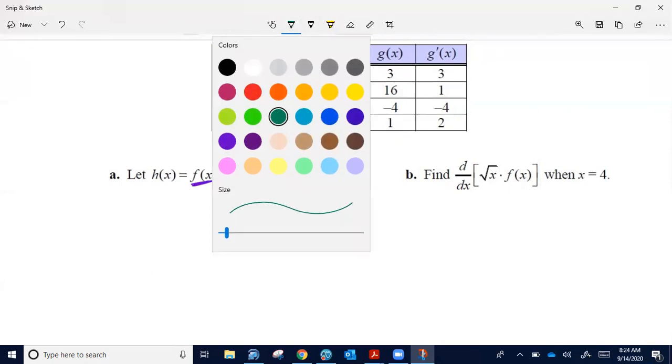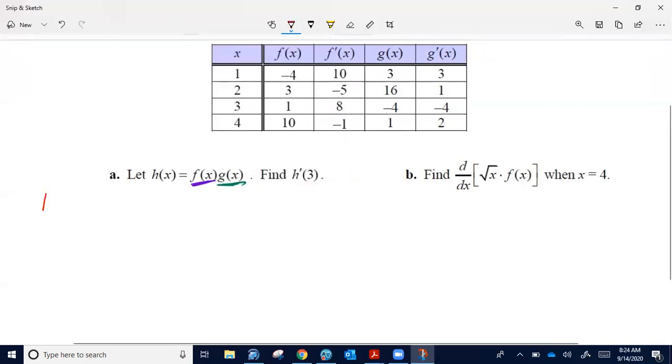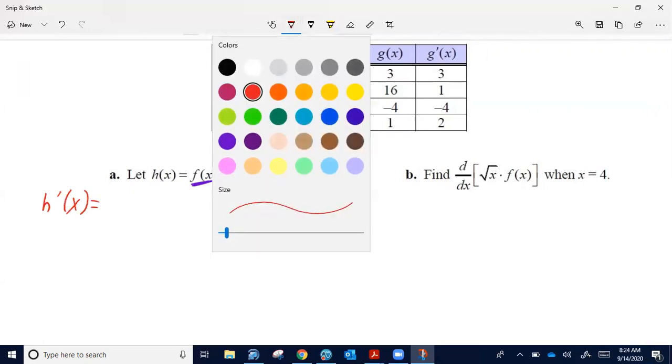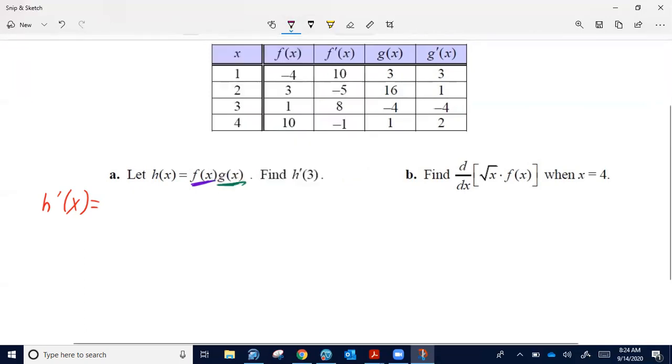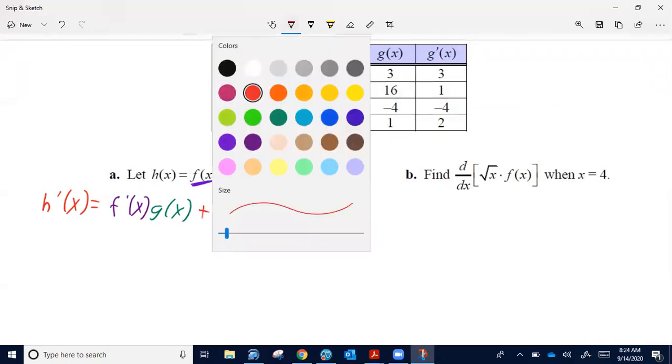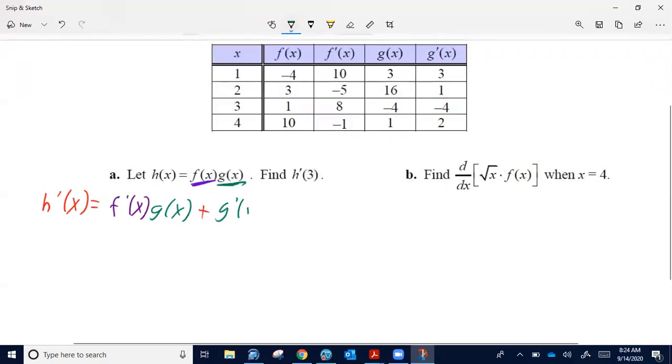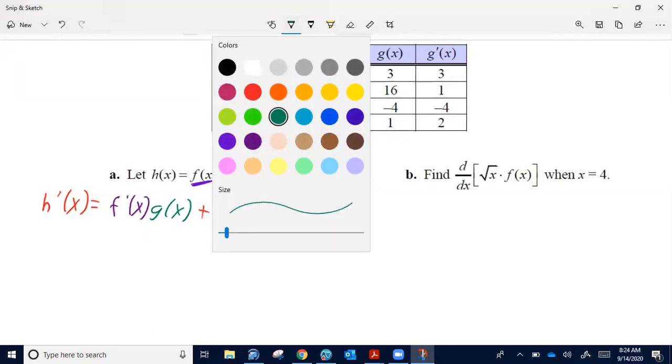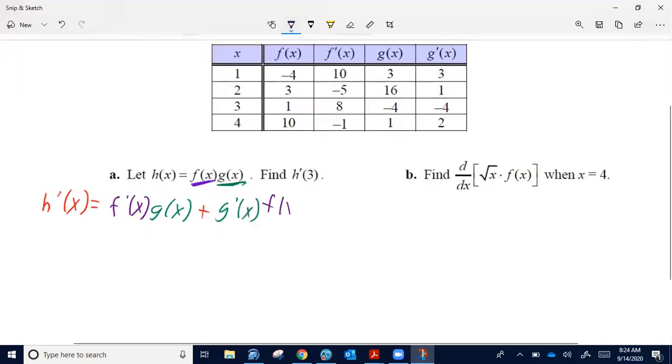Well, to make this roll, we're going to have to figure out what is just basic h prime. H prime is f prime of x times unchanged g of x, and then add on the derivative of the second part, g prime of x, times unchanged f of x.